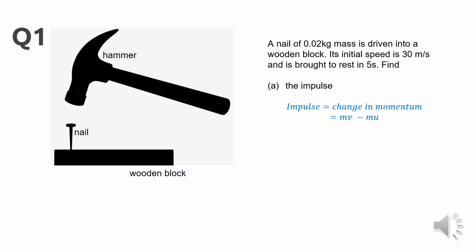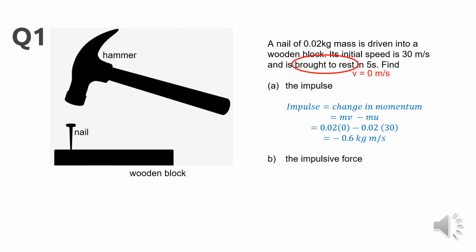So how do we know which is v? Look at the question. When it says brought to rest, it means the final velocity is 0 meters per second. So when we put the values into the formula, we will get the impulse is negative 0.6 kilogram meter per second.